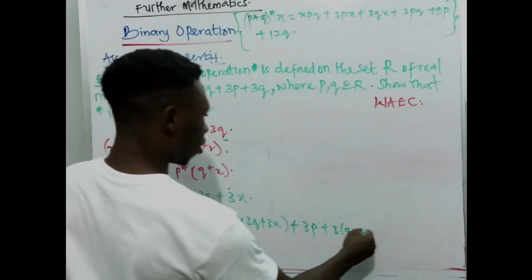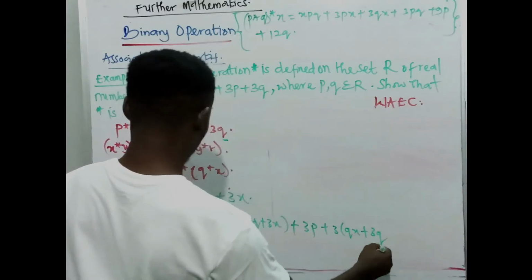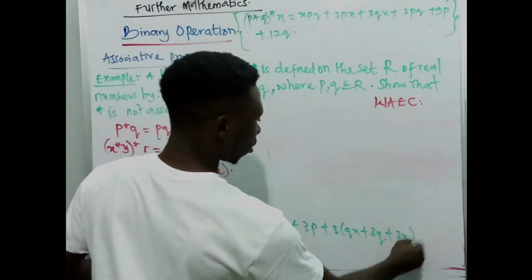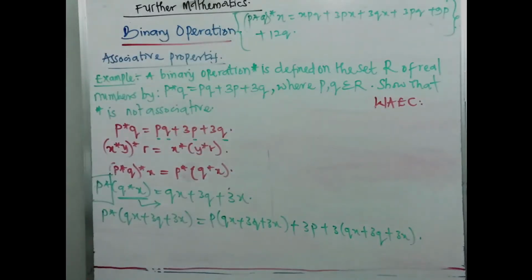QX plus 3Q plus 3X. So at this junction, I have to expand this.